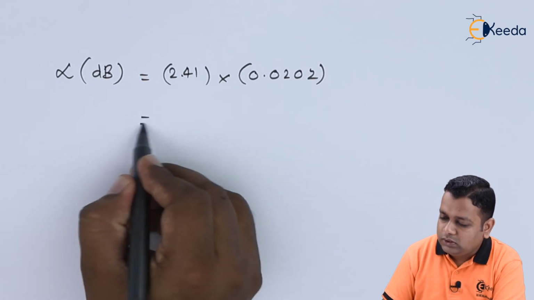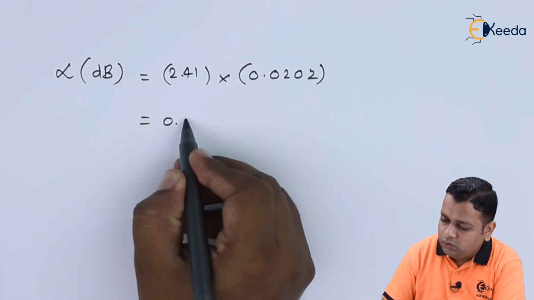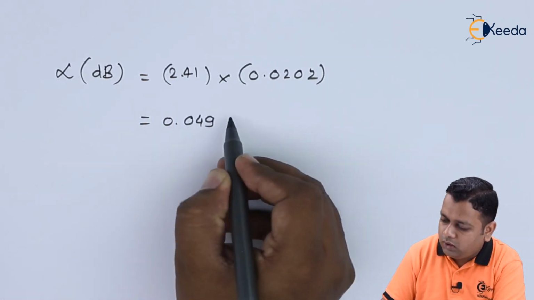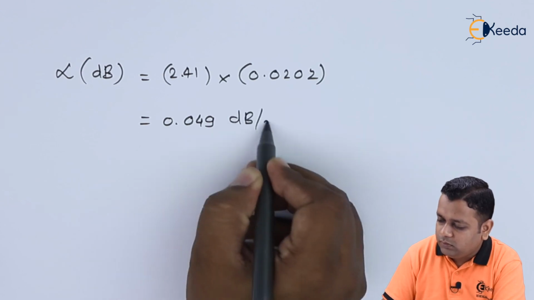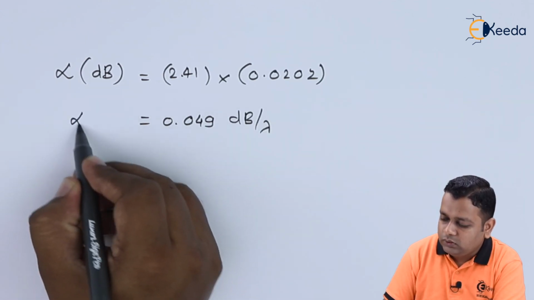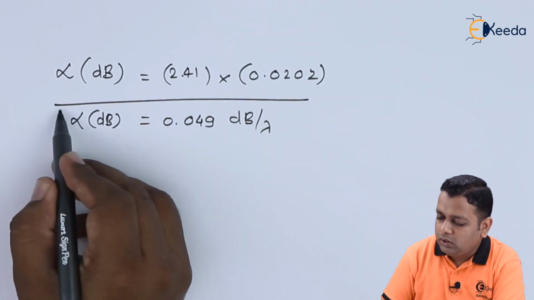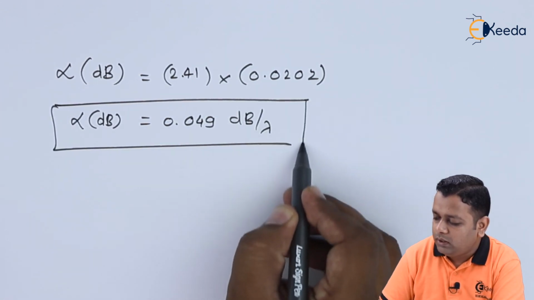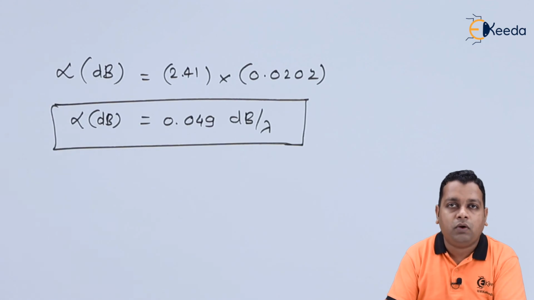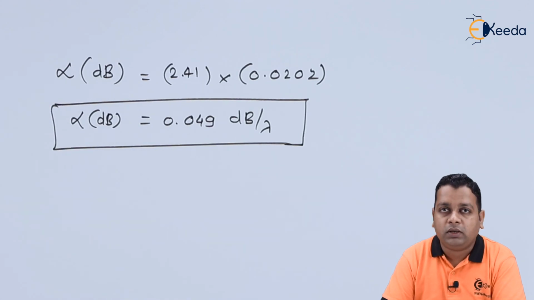This results in 0.049 decibels per lambda. So here is the required total attenuation in decibels per lambda for the given copper strip line.